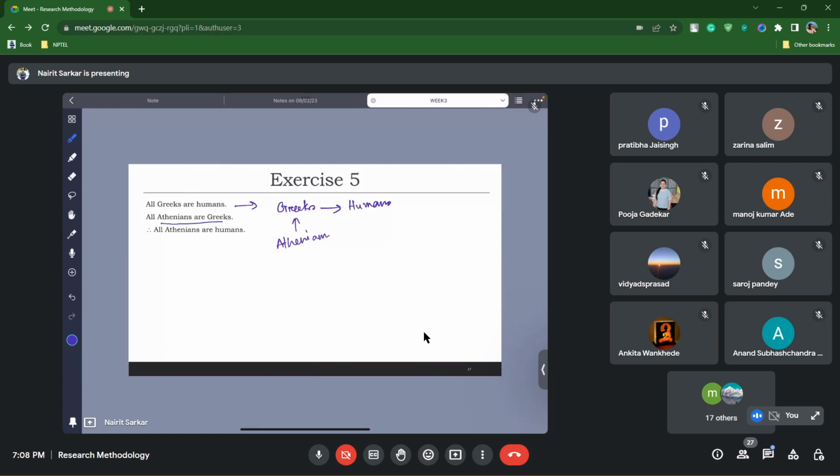So that means obviously, if we remove this section, all Athenians are humans, it should be valid, right? From only looking at the sentences or premises, from common sense. But when we apply the logic, it should be like this.